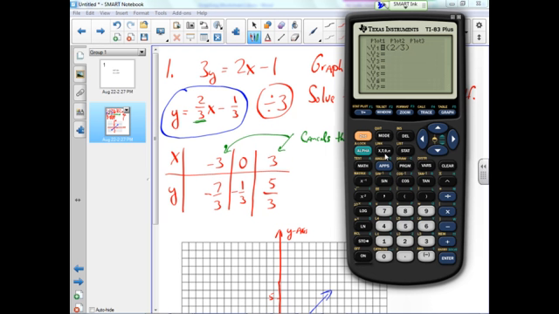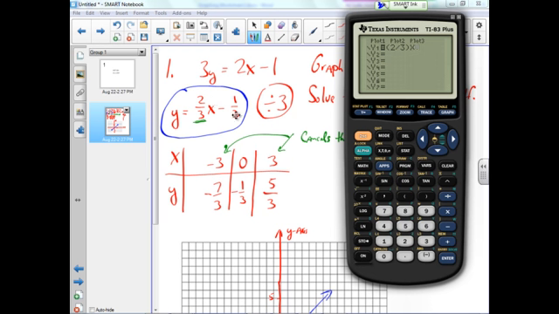The X comes from this button right here. And when you push this, if you don't get an X, your calculator is in the wrong mode. Bring it up to me, and I'll switch modes for you. Okay? And then we need a minus 1/3.